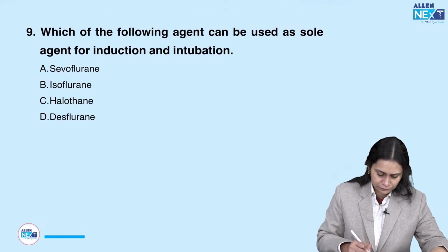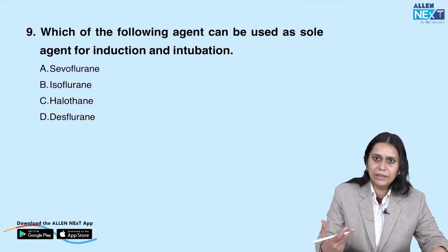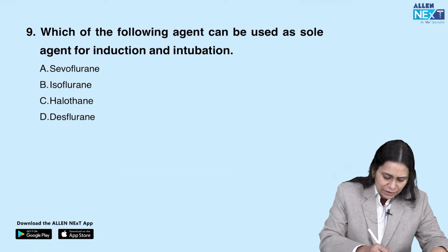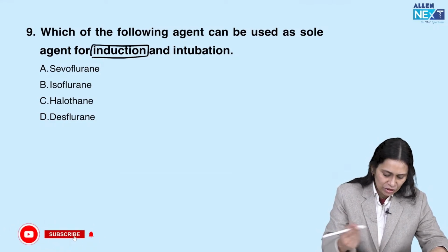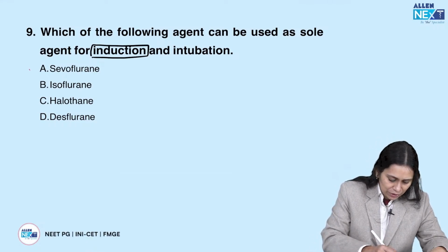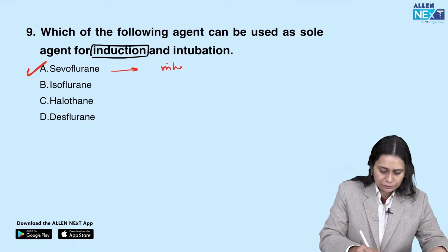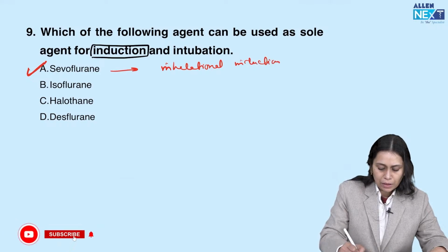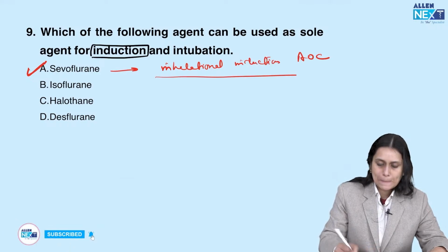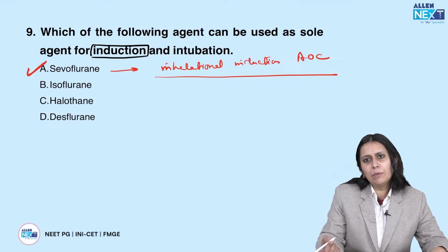Next question. Which of the following agents can be used as a sole agent for induction and intubation? If you see the word induction and inhalational agents are in the options, you don't have to answer anything except sevoflurane. Sevoflurane is the inhalational induction agent of choice. And many times, we don't give a neuromuscular blocker to the patient.